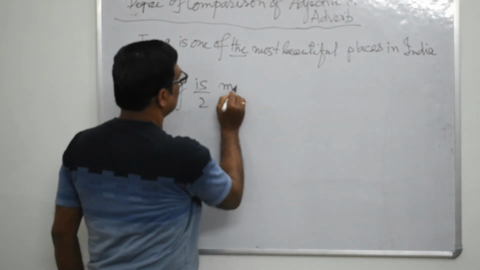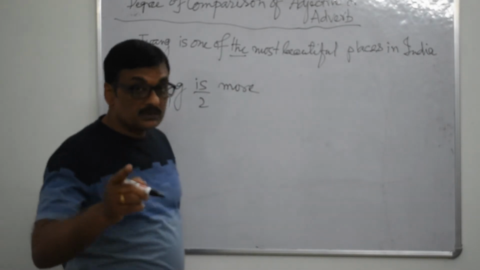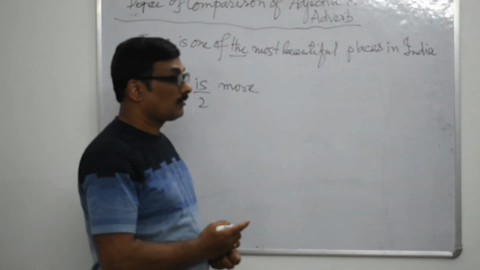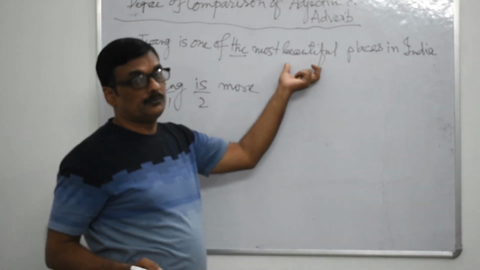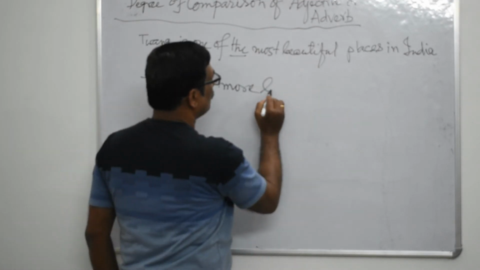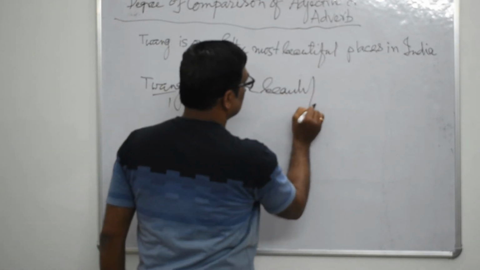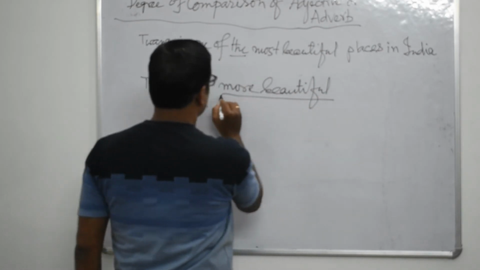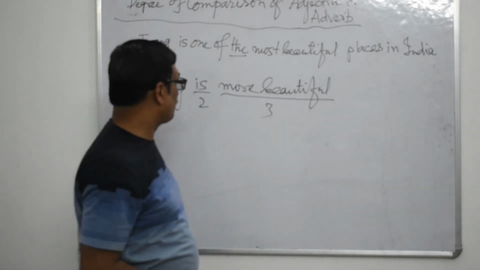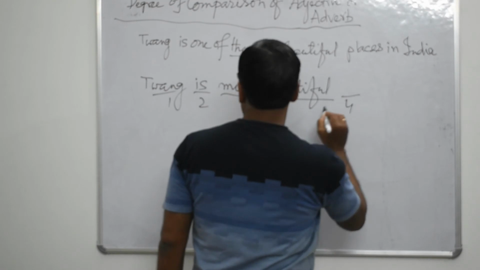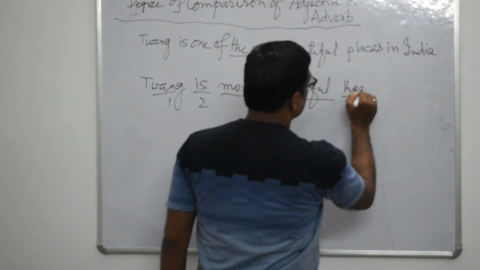So more will come, because more is the comparative form of the adjective beautiful. That is more beautiful. More beautiful is number 3, and number 4 it is than.